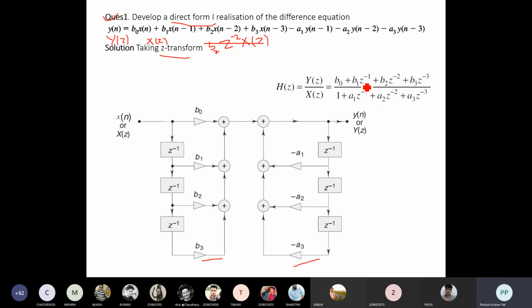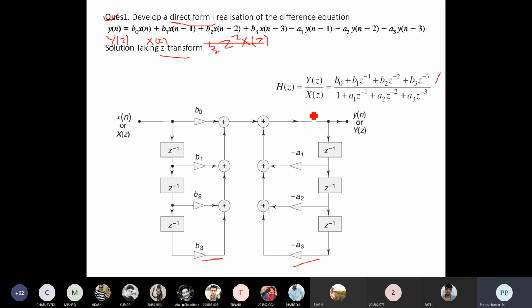Then b1 is a delayed version of x(n), delayed by z to the power minus 1, multiplied by the constant b1 and added. Similarly for higher powers. The maximum delay is z to the power minus 3, so we will require three different delay elements to realize the zeros part.